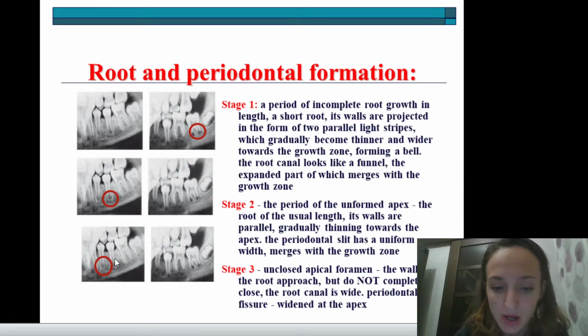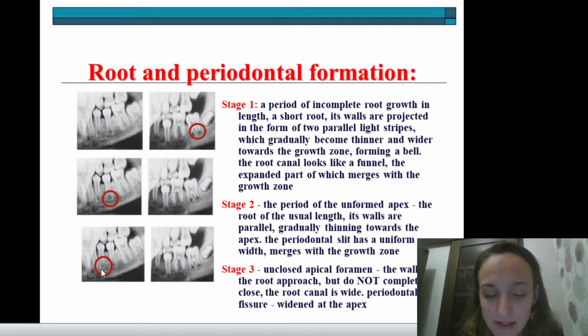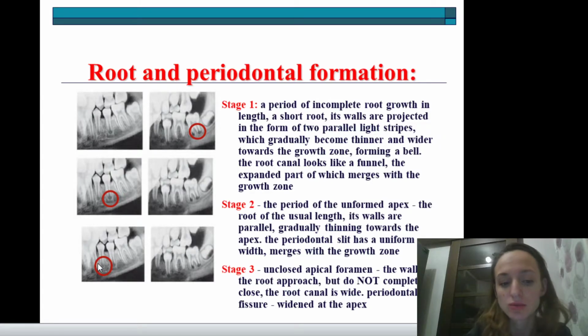Stage 3, unclosed apical foramen: the walls of the root approach but do not completely close. The root canal is wide and the periodontal fissure is widened at the apex. So you can see the apex does not completely close.